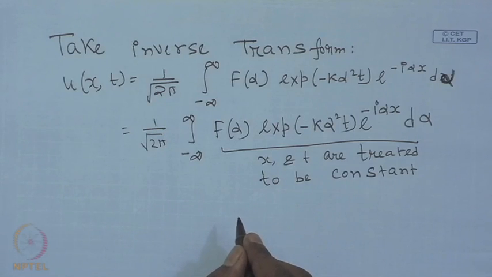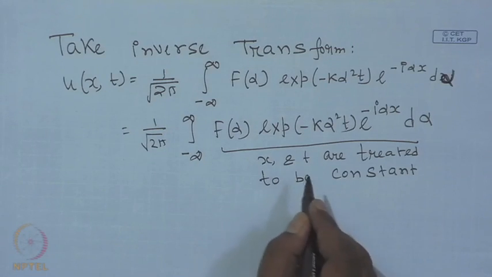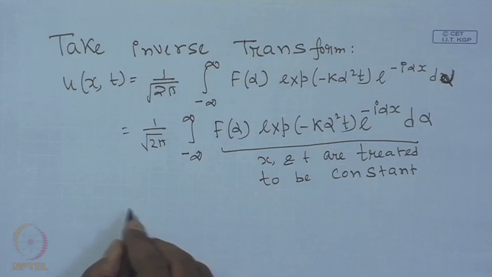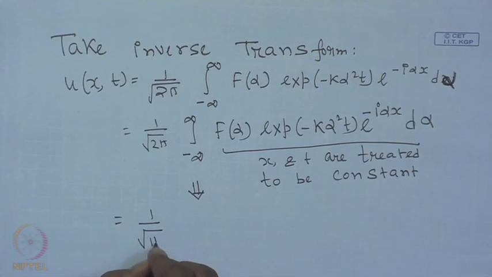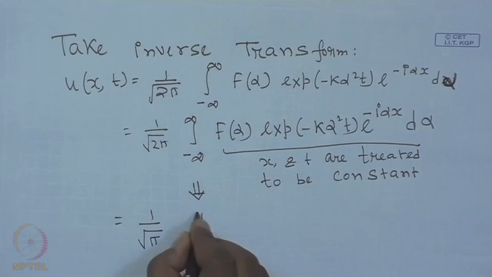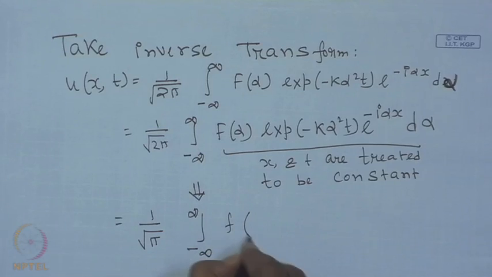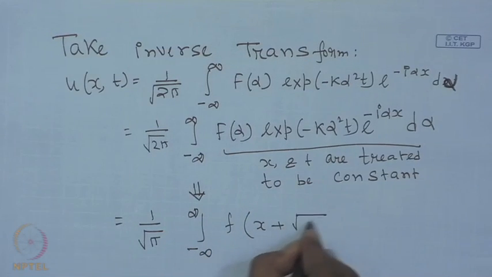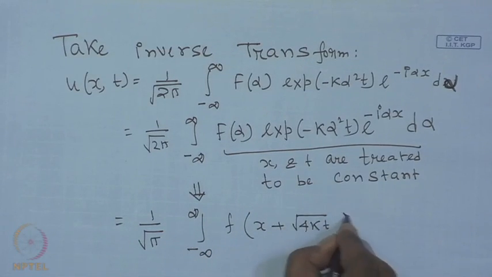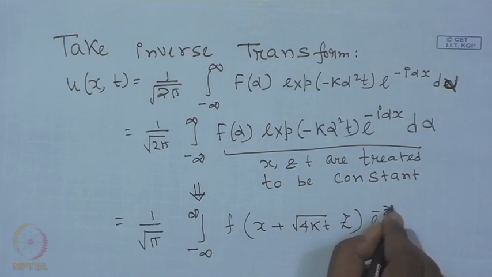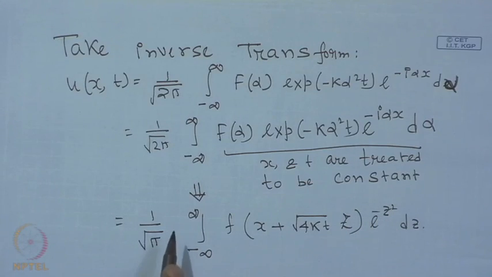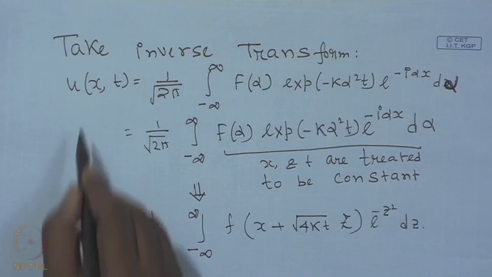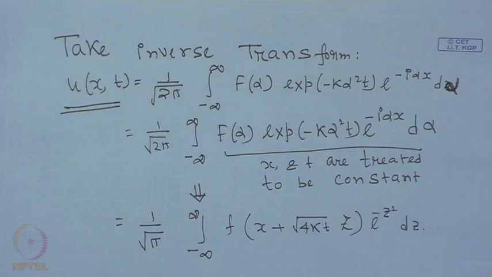So, we will be getting the inverse transform in x and t, and in fact, after doing some mathematical manipulation, this becomes 1 over root over pi, integral from minus infinity to plus infinity f of x plus root over 4 k t z, e to the power minus z square dz. So, it will be in that particular form, and one can obtain the solution u as a function of x and t.